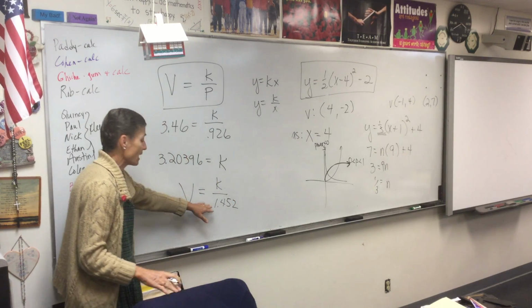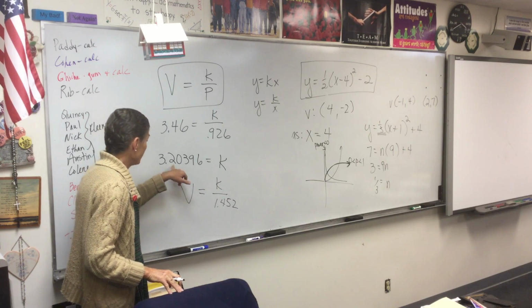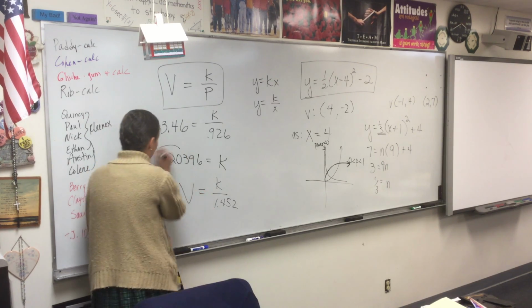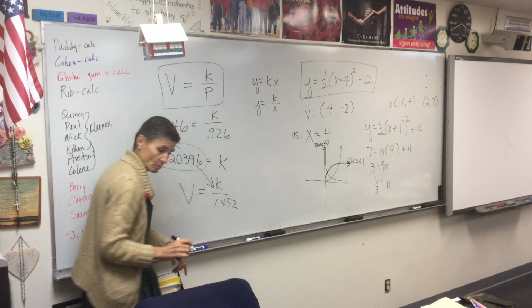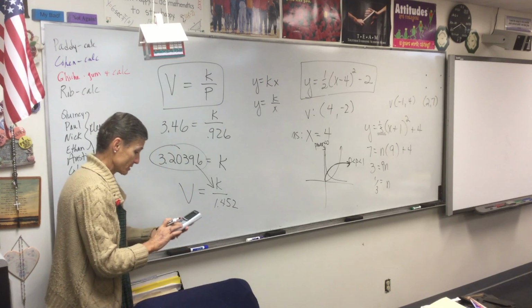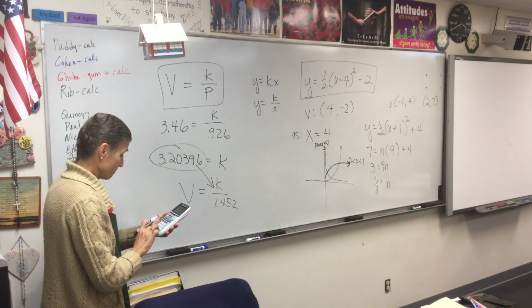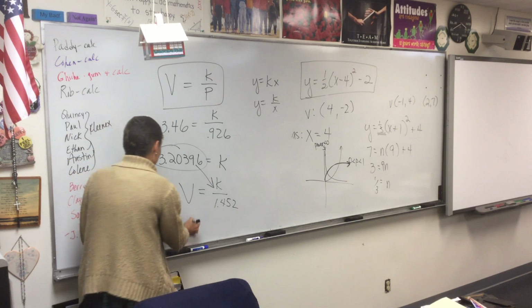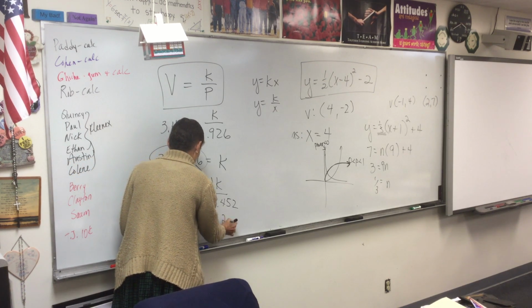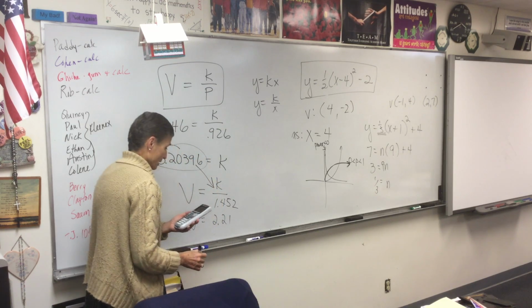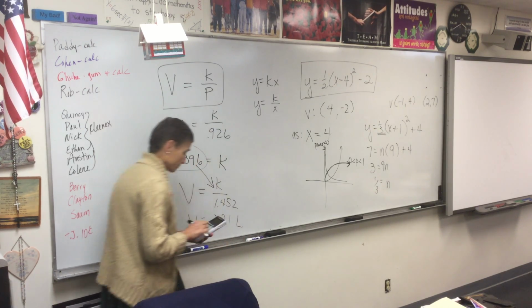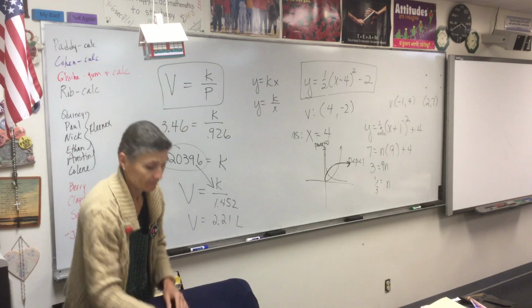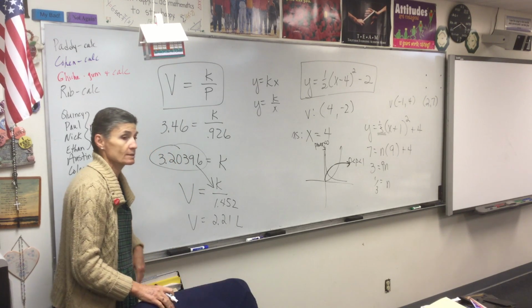Now, how am I going to figure that out? I'm going to put in the K that I figured out. So now I'm just going to take that number I just got and divide it by 1.452. And the volume is about 2.21. Oh, that would be liters, because it would match whatever the first volume was.